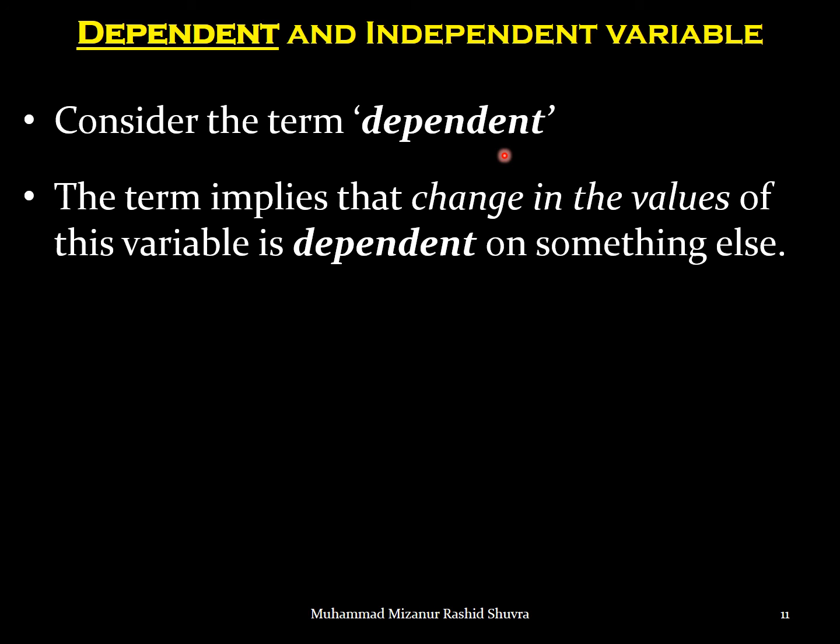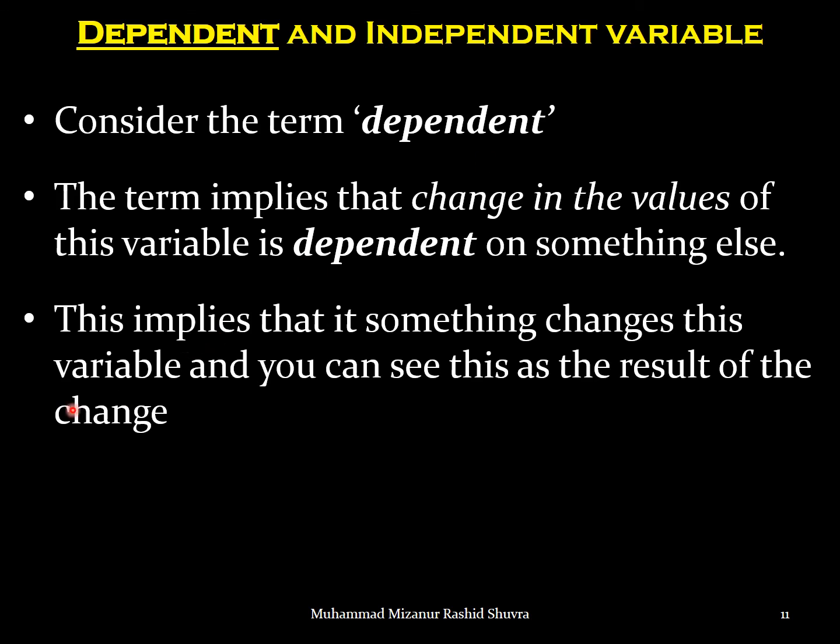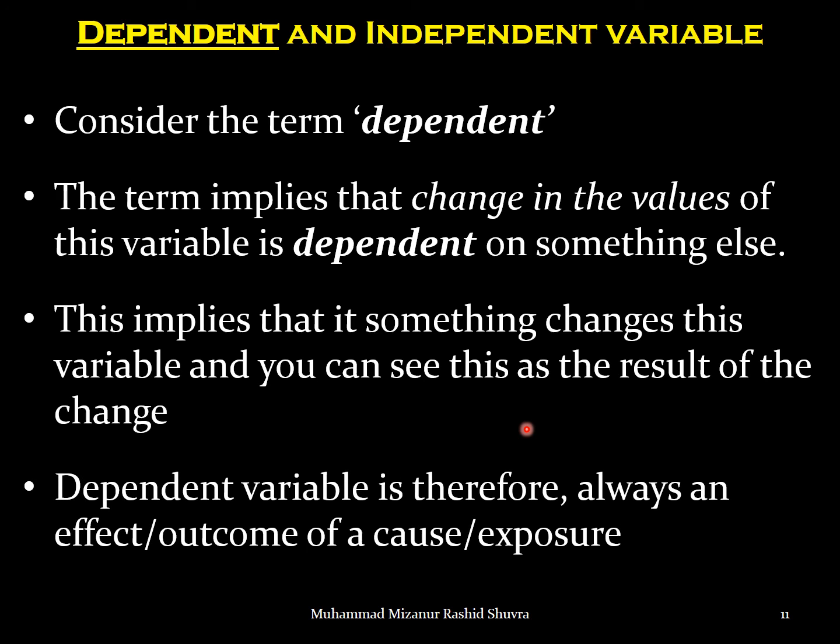First, we discuss a little bit about what it means. It means something changes. This dependent variable is changed by something, and you can see this as a result of the change. The dependent variable is usually seen as a result of the change. Okay, dependent variable is therefore always an effect or an outcome of something, of a cause or an exposure. So I'll give you a very simple example that everyone knows from Newton's first law, right? You push something and that something moves.